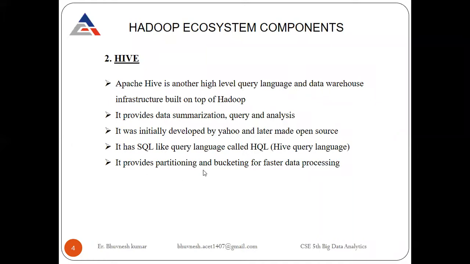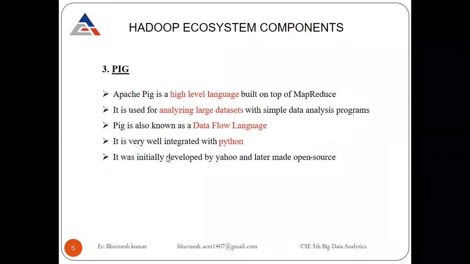It provides partitioning and bucketing for faster data processing. Hive is used for querying and analyzing, and this will make your processing faster. Okay, this is your second tool, that is Hive.